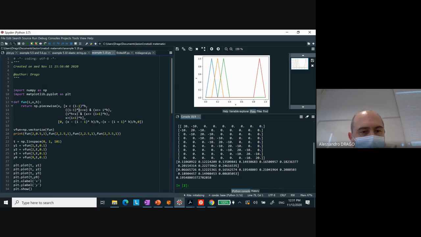If I don't put the brackets, from what I understand, I am not forcing Python to really evaluate what is written inside. So when I put the brackets, I am telling Python, okay, evaluate all this quantity here.